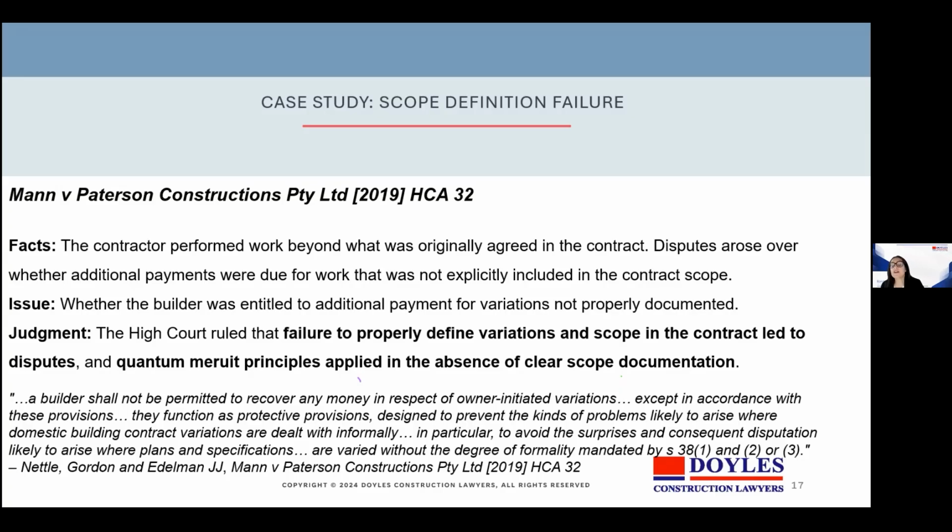So this case reinforces that informal variations are a legal and financial trap. Without contractual compliance, entitlement is exposed to serious risk. And so it's really important to ensure that variations are properly agreed in accordance with the terms of the contract and that those provisions are met.